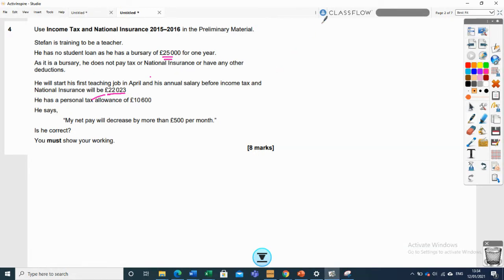Okay, so when he was a student teacher, he'd got £25,000 over the year. So we want to work that out monthly. £2,083.33.